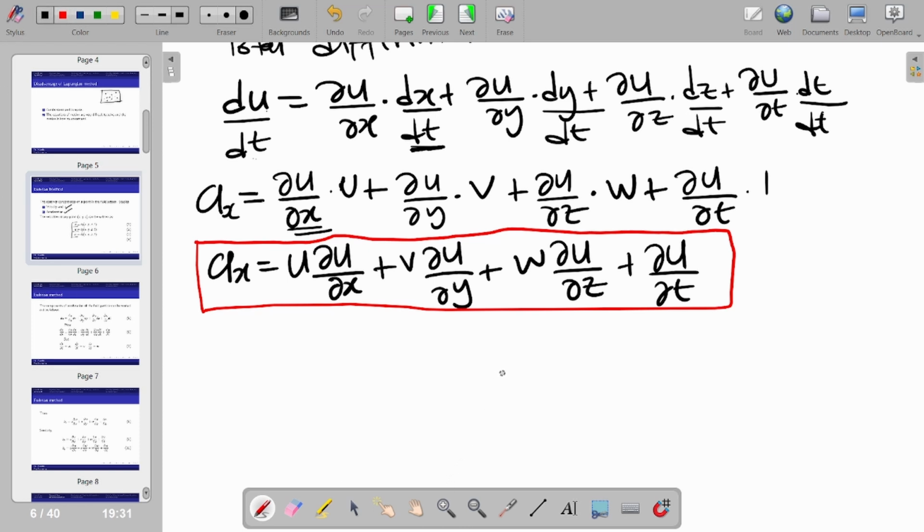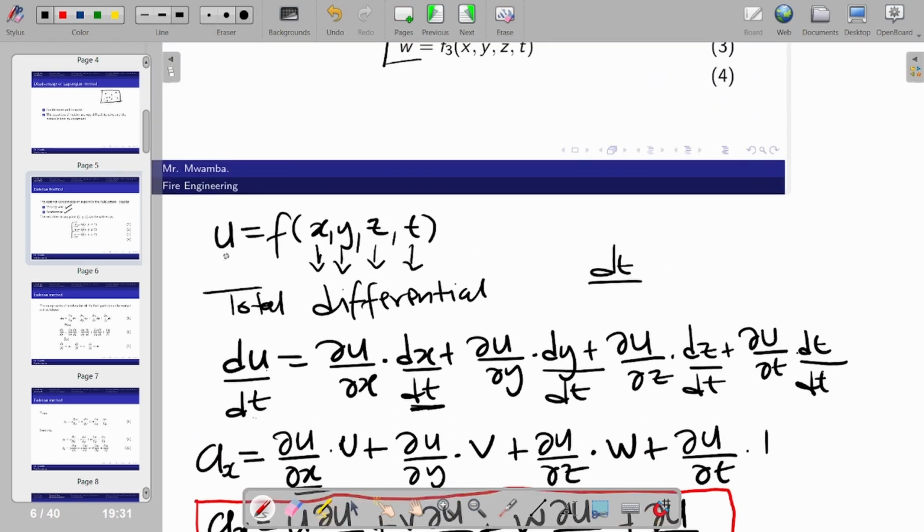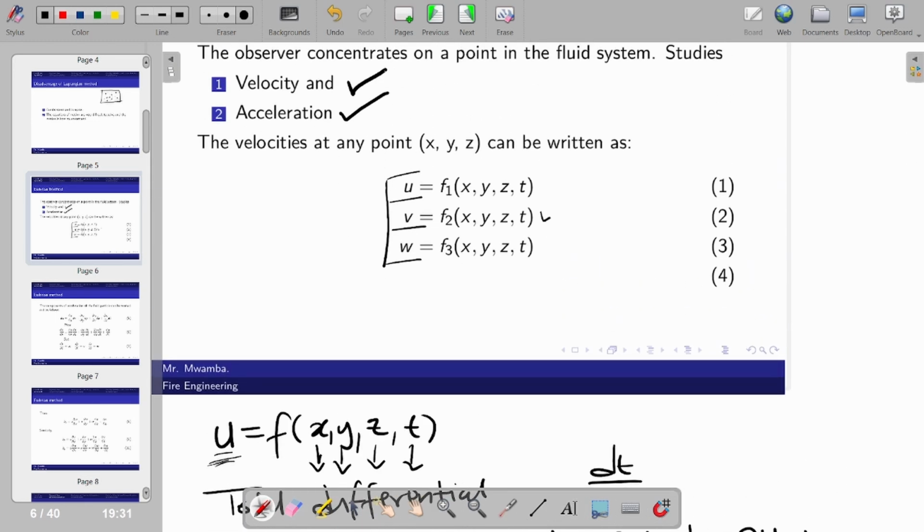So if I ask you to find the acceleration component for the y-axis, you have to do the same. Remember we just got the velocity component along the x-axis. So for the velocity components for the y-axis, you can find the acceleration component. For the z-axis, find the acceleration component.